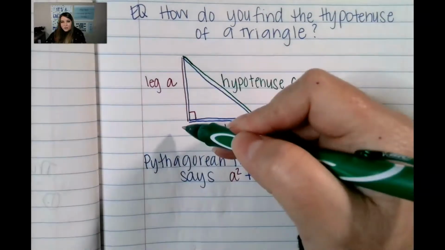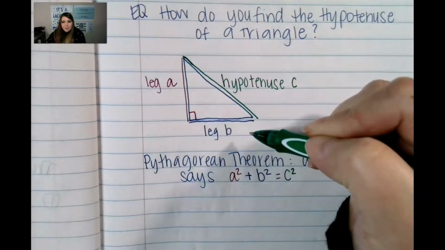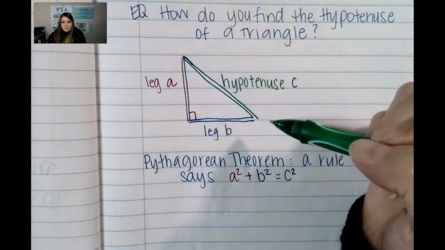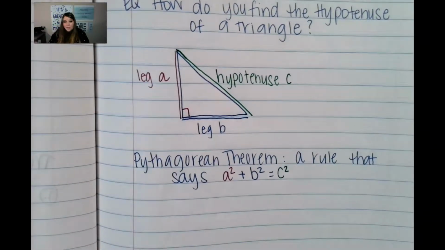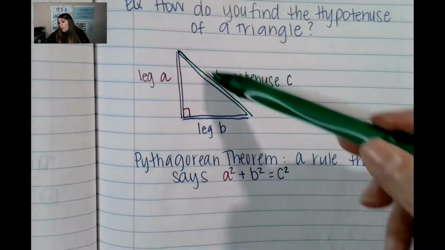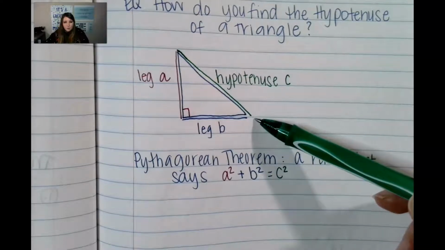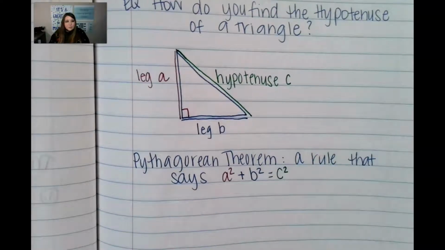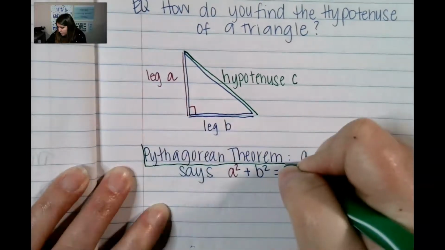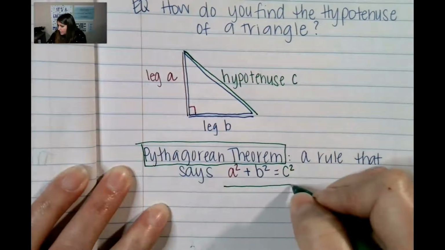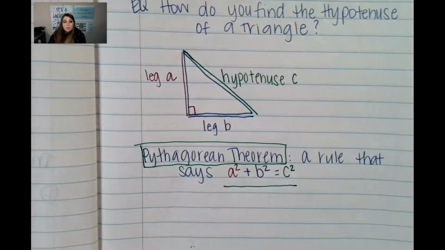So one leg squared plus another leg squared is going to give us C squared. And so this famous rule that he found can be used and applied to find how much this diagonal is worth, or the length of it. And so today we're going to discover how to find the hypotenuse. This is the formula or the famous rule that we will be using in math today.